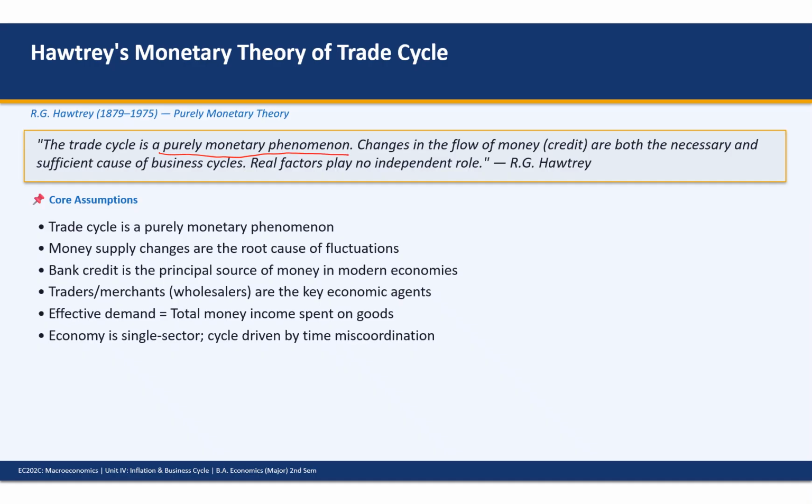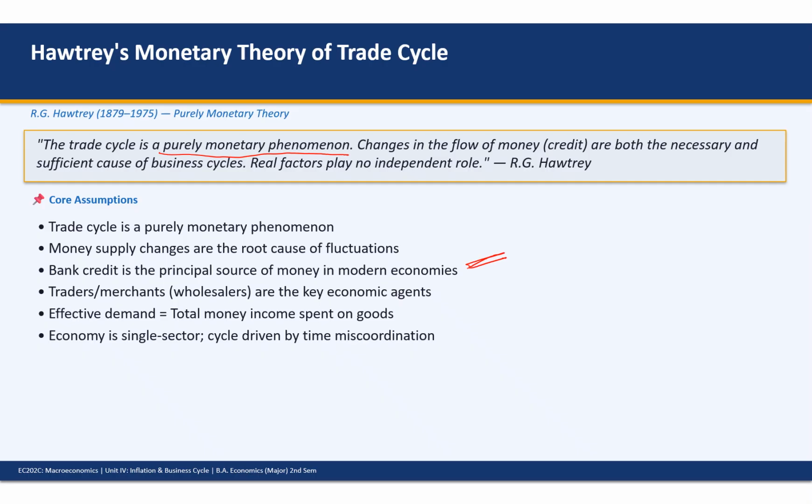He believed that real factors are not independent causes of the cycle. Instead, the flow of money and credit is the real driving force behind expansion and recession. The key assumption is that bank credit is the principal source of money in the modern economy.